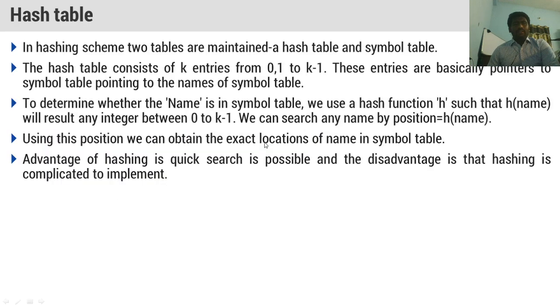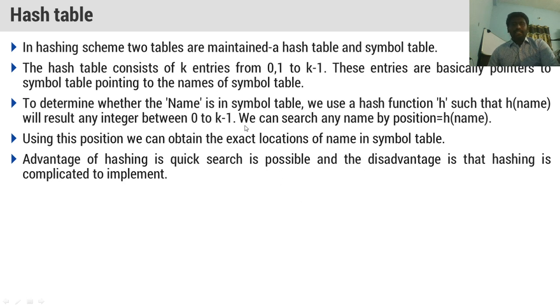The advantage of hashing is that searching will be easier. Quick search is possible with the help of hashing, where we maintain one index and the data is stored in other fields.